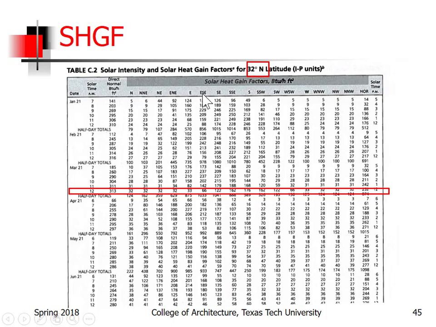East, east-southeast, southeast, south-southeast, south, and so forth. So let's assume that we have south-facing windows, and we want to know how many BTUs strike that window and would pass through it if it was clear, or 100% transmitted.